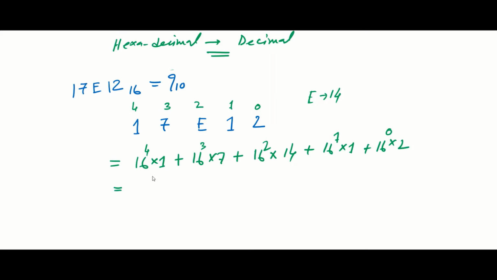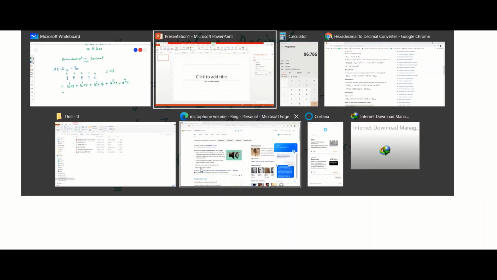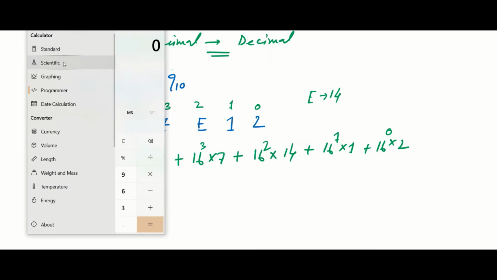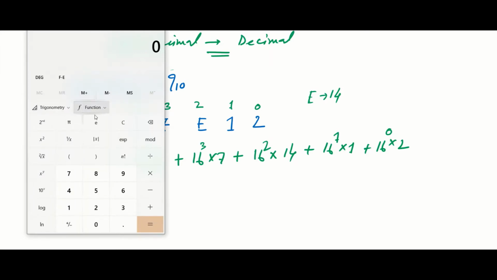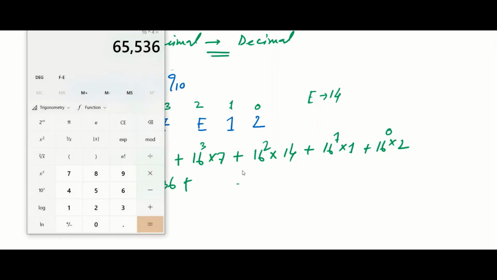Let us calculate 16 to the power 4. What is the actual number? So let us use the calculator. Let me change the calculator to scientific form. 16 to the power 4. So we get this number 65536. 65536 plus 16 to the power 3 into 7.